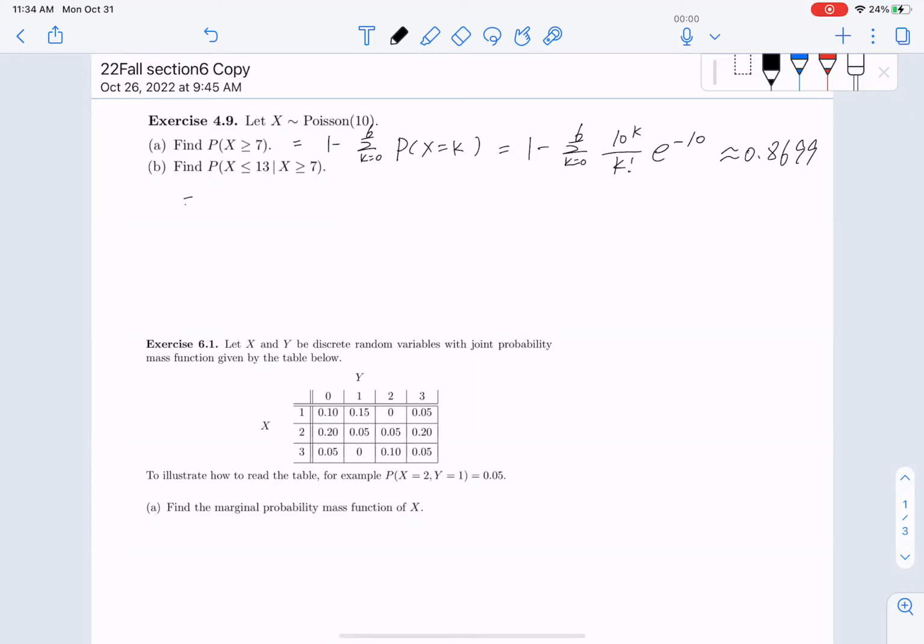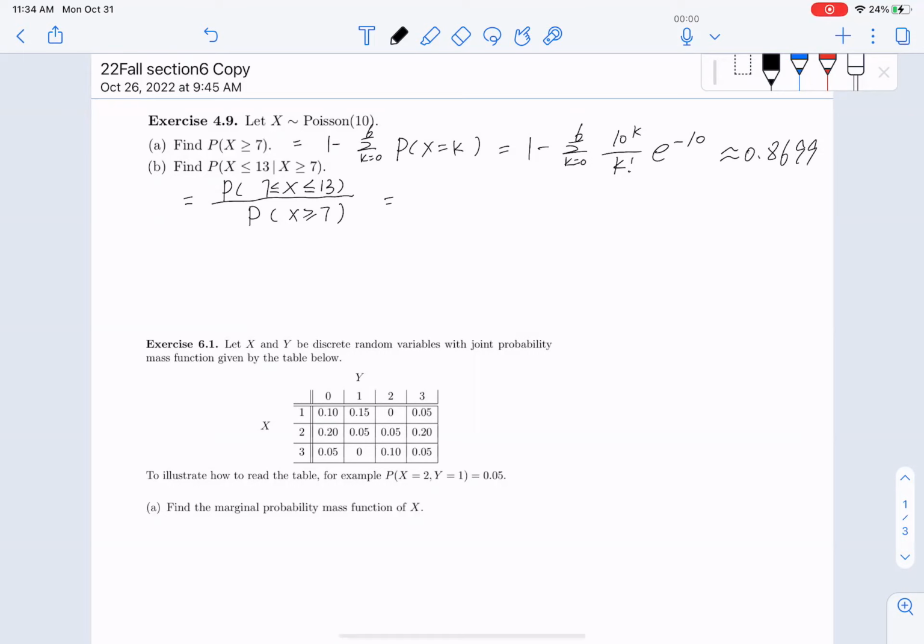Then in part B, calculate this conditional probability. I hope you haven't forgotten the Bayes formula. Let's do that. It's equal to the joint probability divided by the condition. So now we can use A in the denominator.